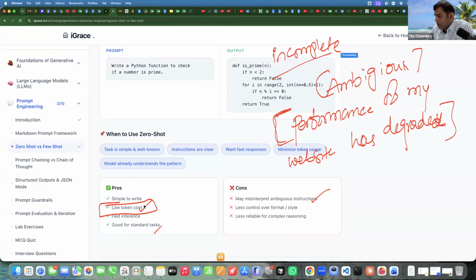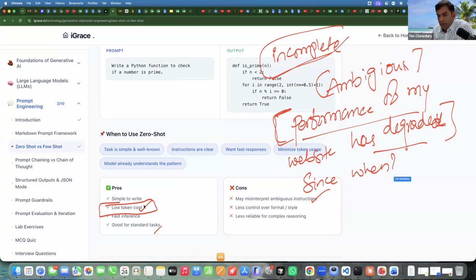Why is it incomplete? Performance has degraded, right? Since when? Not known. Is it affecting all geographies? Let's say your website is operating globally. Is the performance degraded for all geographies, or is it specific to one region?